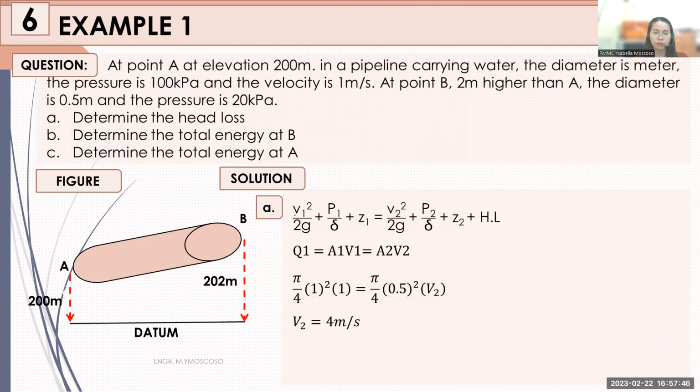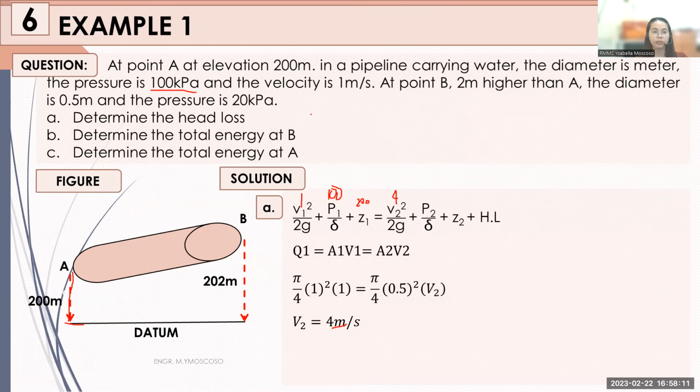Okay? Velocity 1, that is 1. Pressure 1, it is stated na that is 100. Elevation 1, that is from the datum papunta sa point A, therefore that is 200. So, velocity at point 2, kakasolve lang natin, which is 4.